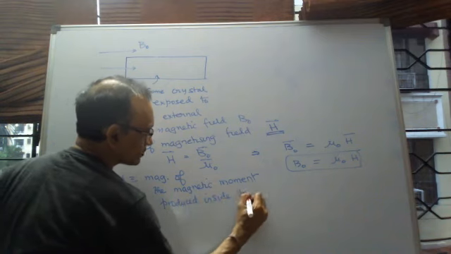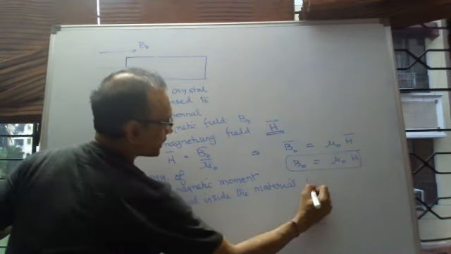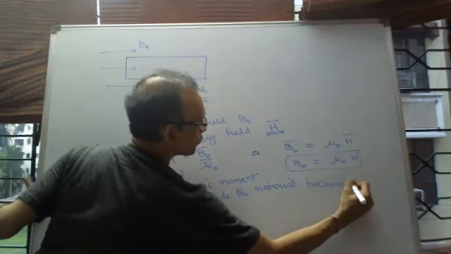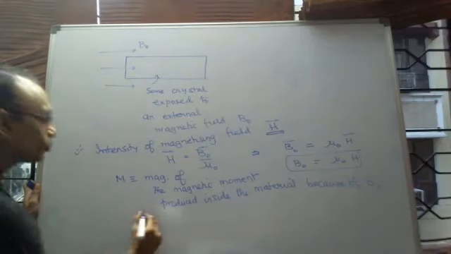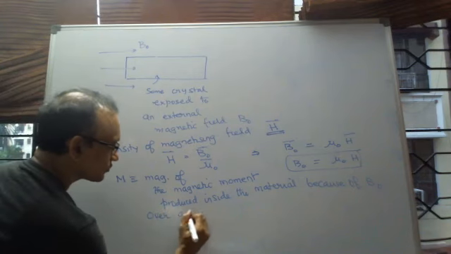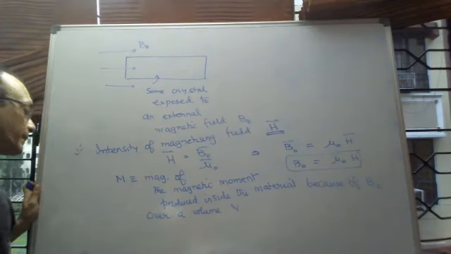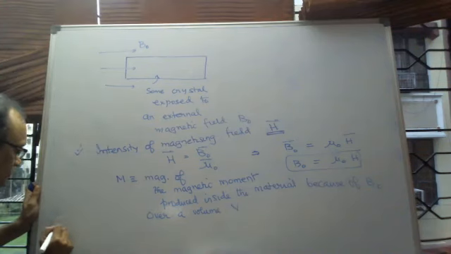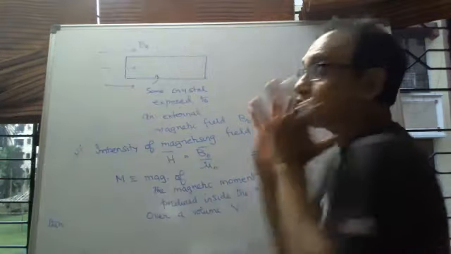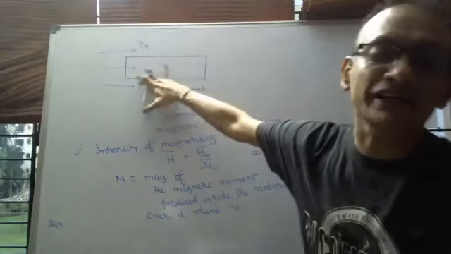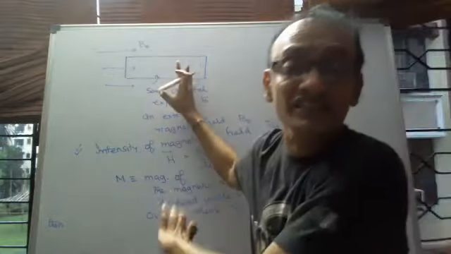inside the material, because of B naught, over a volume V, then H is a measure of the field that is trying to magnetize this material.